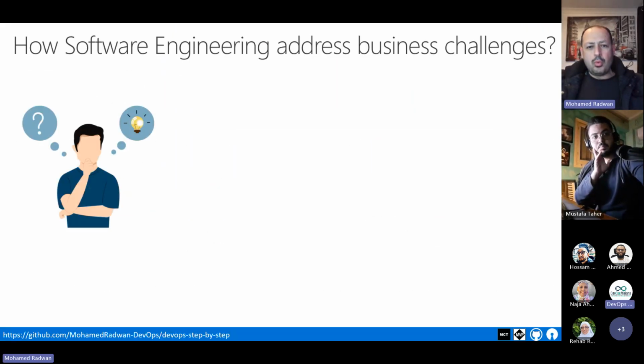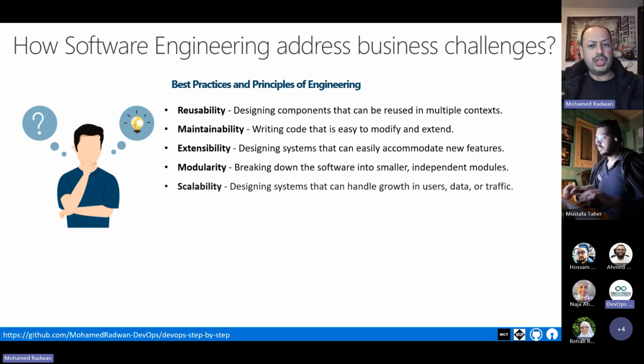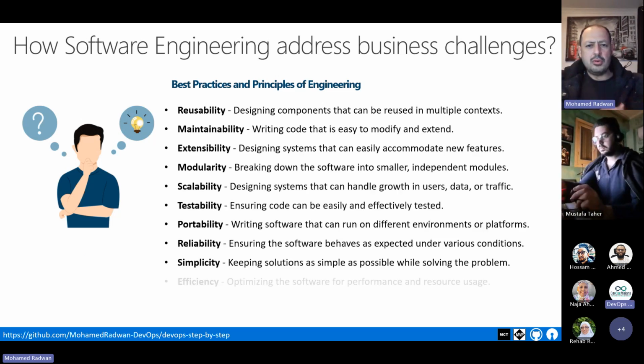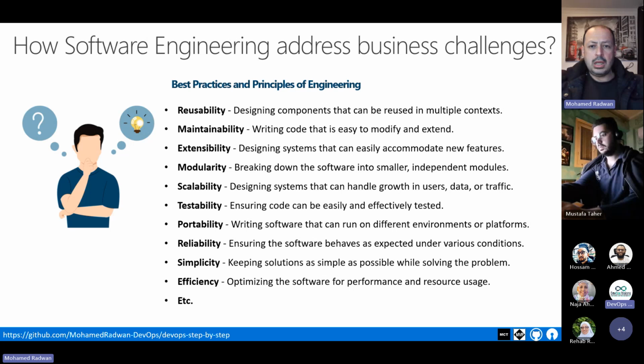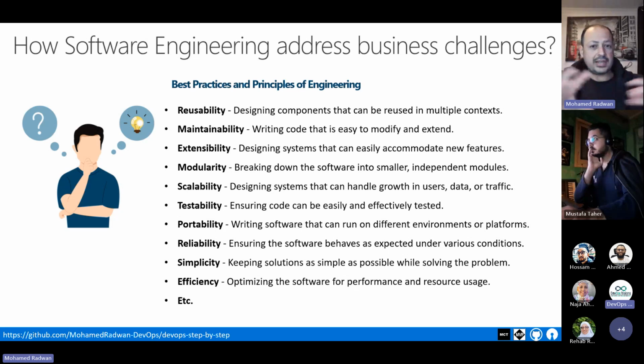So how does software engineering address this? The main idea is using the best practices and principles of engineering, which cover many practices, for example reusability: you design components that can be used in multiple contexts.